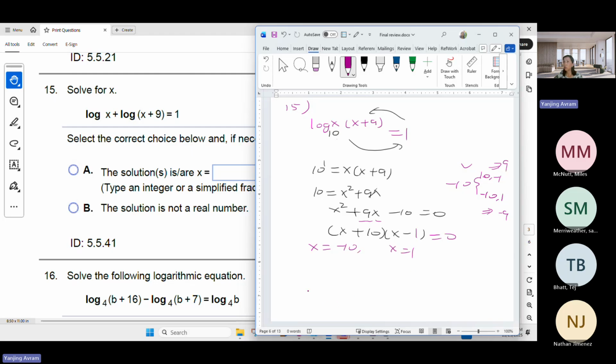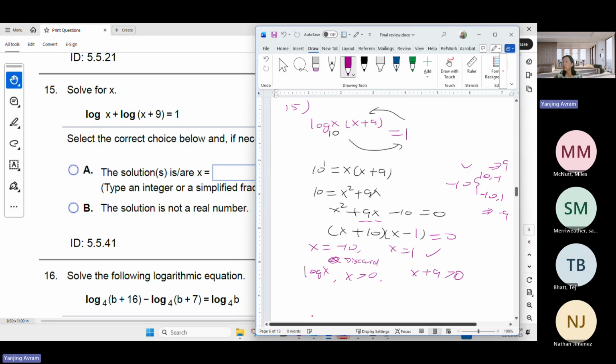All right, so we do have to check the solution. With all the logs in here, x should be greater than 0. The second log, x plus 9, should be greater than 0. Okay, that is the domain for the log. And this one, x is negative 10, so you have to get rid of this one, discard that one.